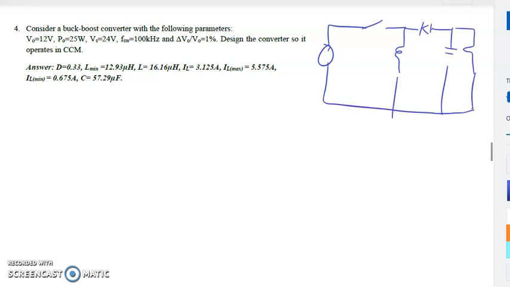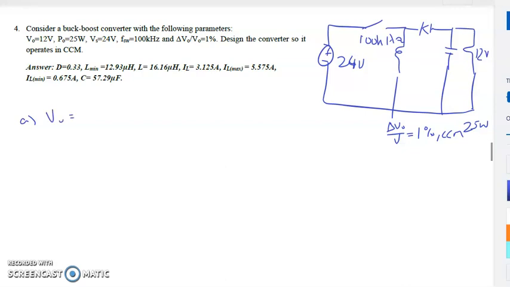We put in all the given parameters: output of 12 volt, 25 watt, coming from a 24 volt source with 100 kilohertz of switching, an expected output voltage ripple of only 1%, and the inductor should be in CCM mode.